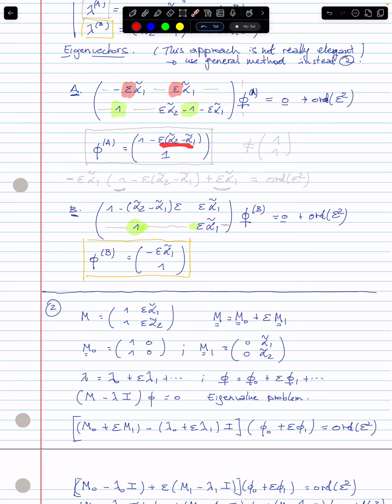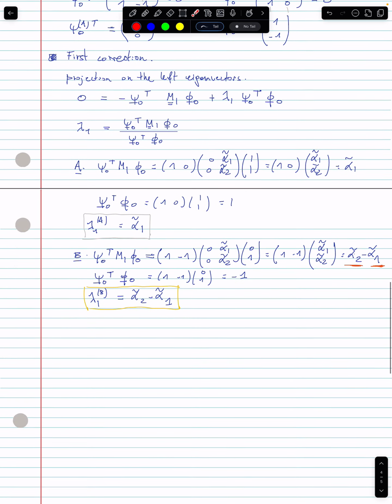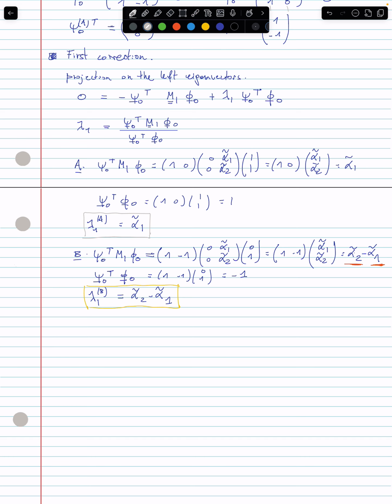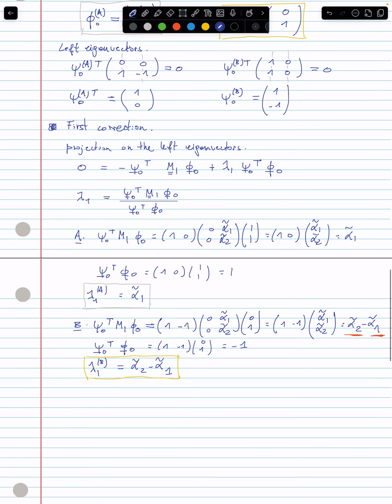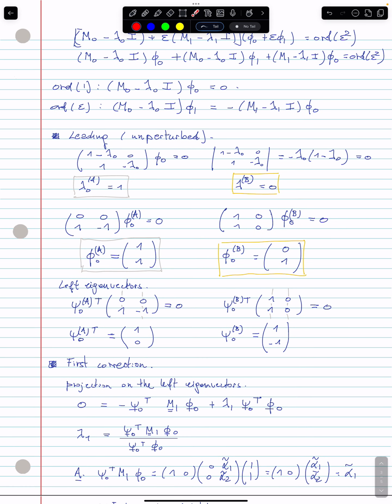Let's see now if we can get the first correction here using the general method. To do this, what we need to do is to come back to the equation we want to solve at the next order, which is that equation. So we know that this matrix is singular.